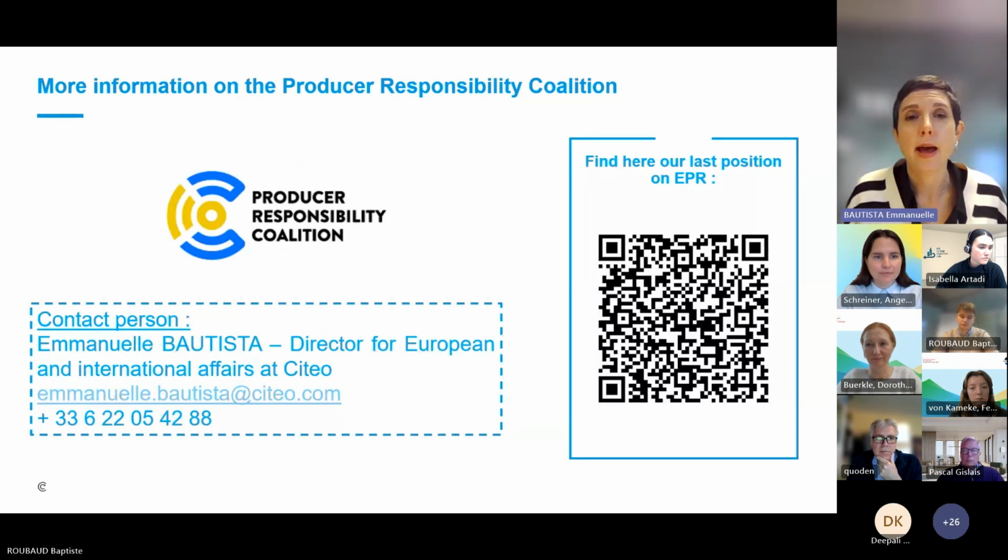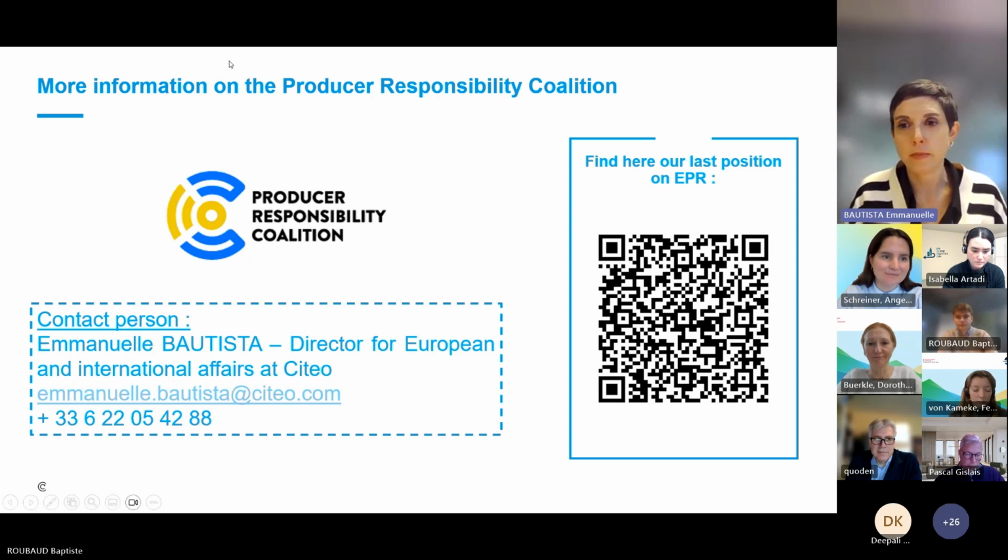So if you would like some more information, or would like to discuss further, don't hesitate to reach out to me. You have here the QR code for our latest position paper on EPR, and I'm happy to discuss further about the work and the possibilities of membership and joint work if you are interested.